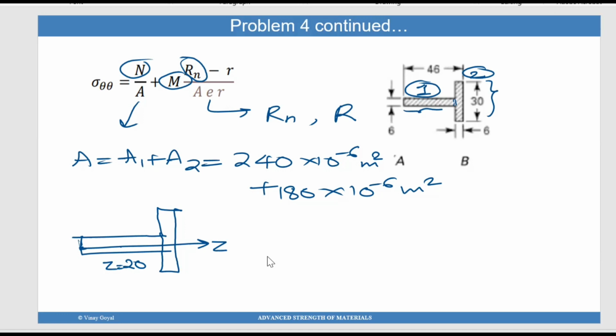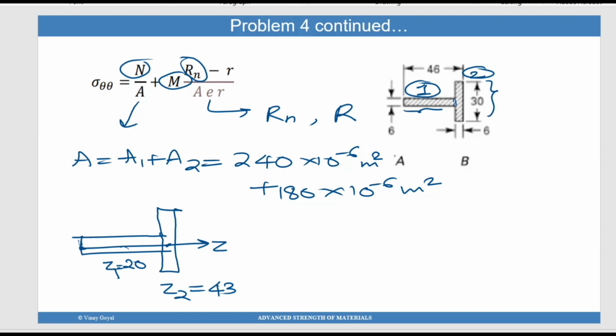So I don't have to worry about the vertical displacement of the centroid because it's at the center. And you know that this also is going to lie on the z-axis, at the centroid of this part of the rectangle. So this is z1 equals 20 and z2 would equal 40 plus half of 6, which is 43.